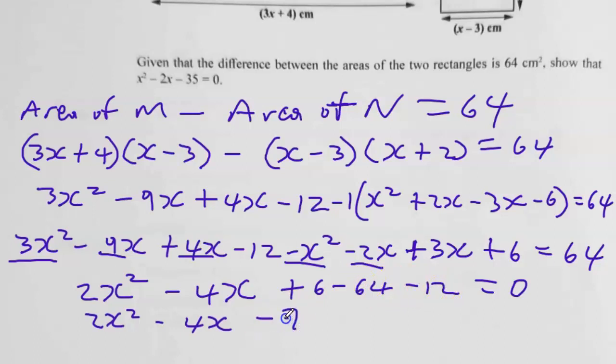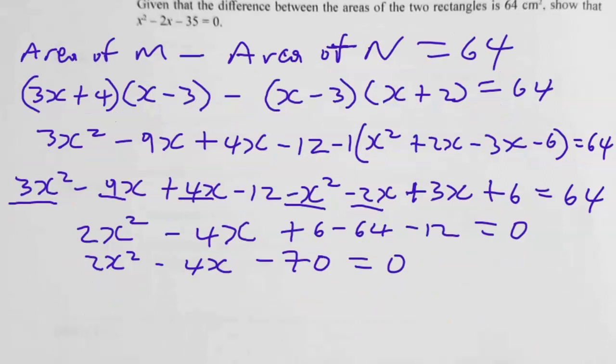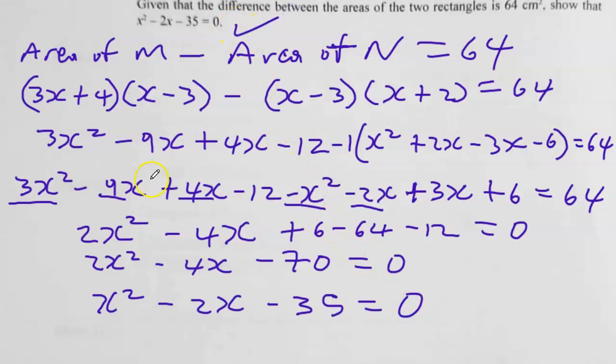Equals 0. Of course we can divide each term by 2. So divide both sides by 2. We get x squared minus 2x, and minus 70 divided by 2, that's minus 35, equals 0. So we have completed the proof that we're asked to do. Let's move on.